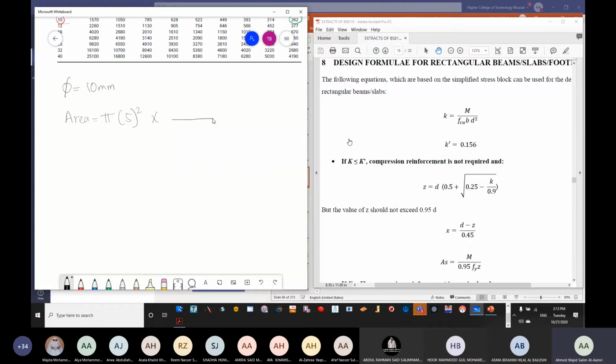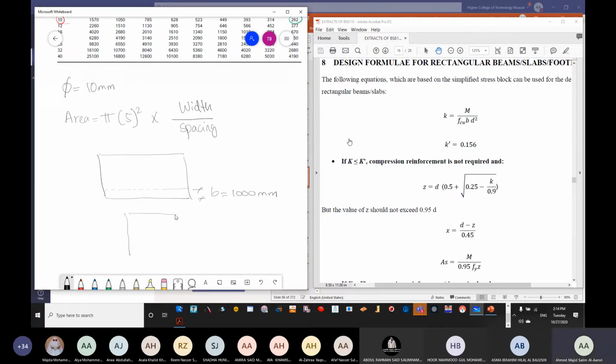Now, if I want to calculate how many bars there are, I should know the width of the slab and I should know the spacing. For example, we said that this slab is going to be cut into a width of 1 meter. We are designing for a width of 1 meter or 1000 mm.